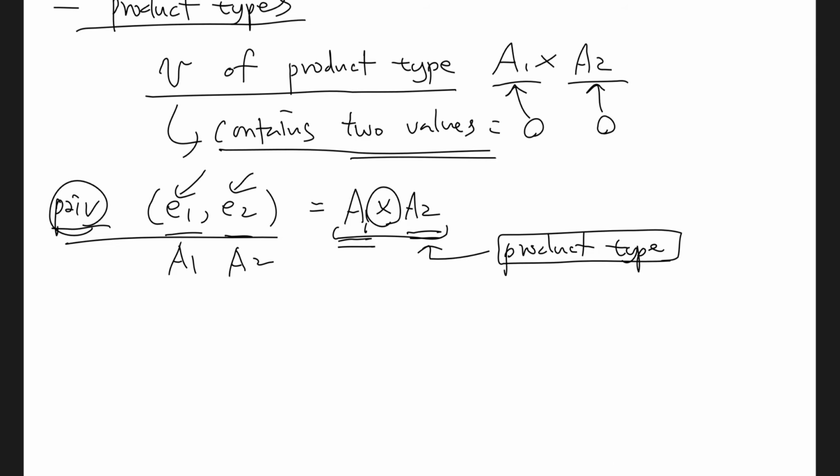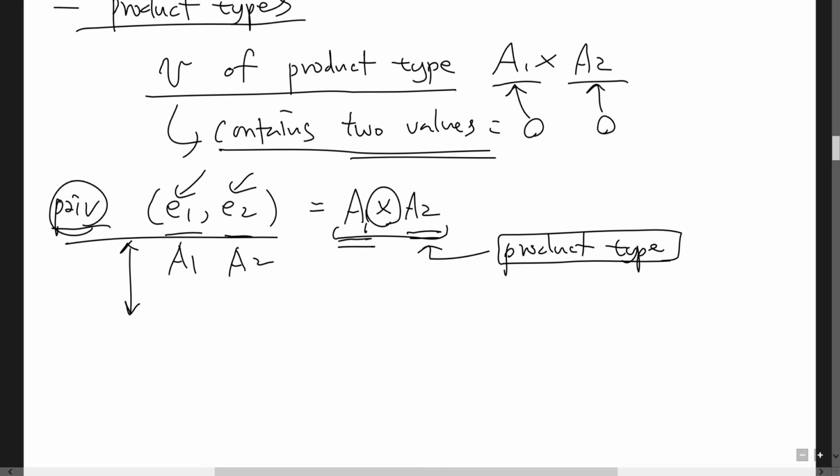And for expressions for product types, we also need what can be called the dual to this pair. So this pair expression allows you to pair two expressions, E1 and E2. And we need the dual operations. That is, suppose that we have an expression E of type A1 times A2.